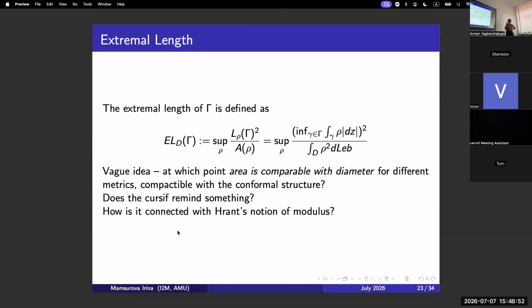And also, yesterday Grant was talking about conformal modulus, or just modulus.